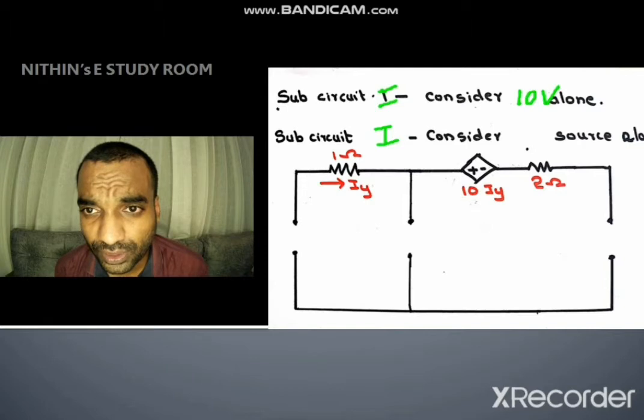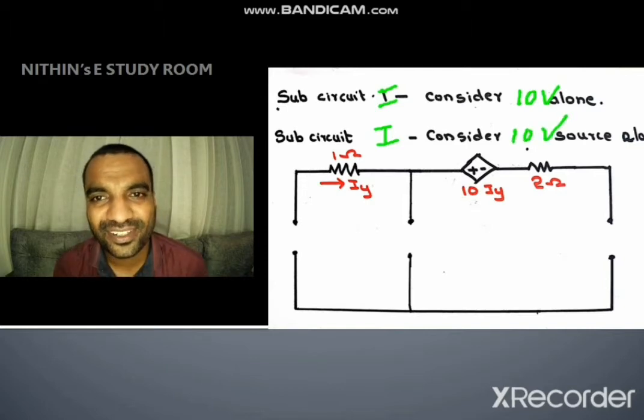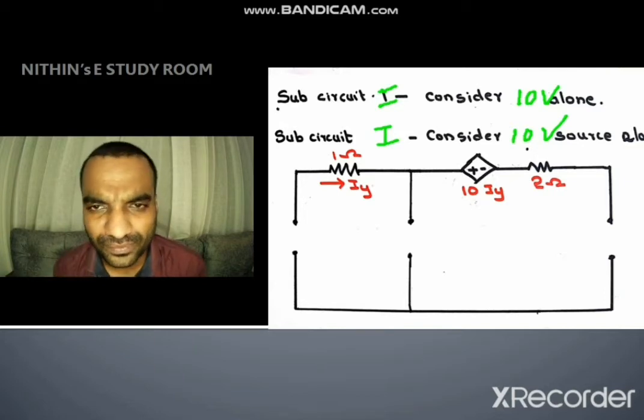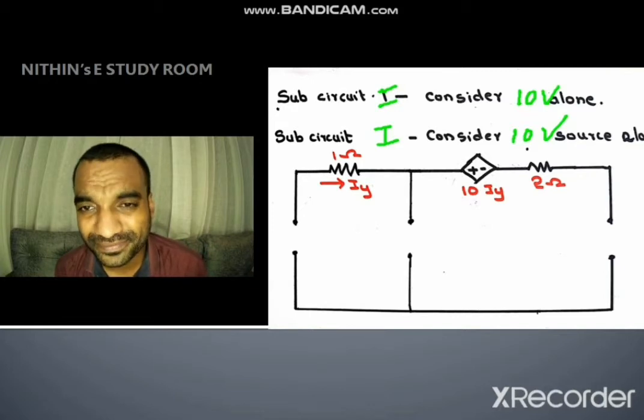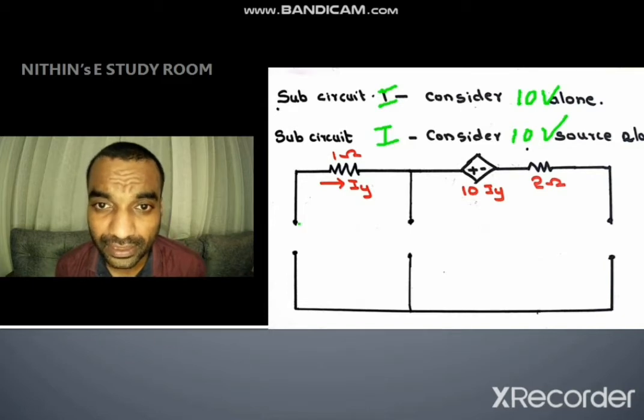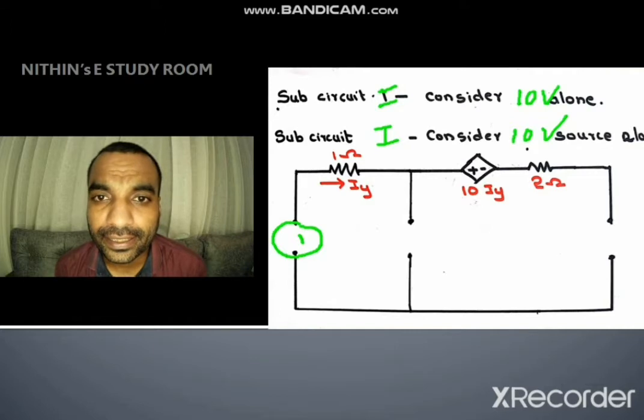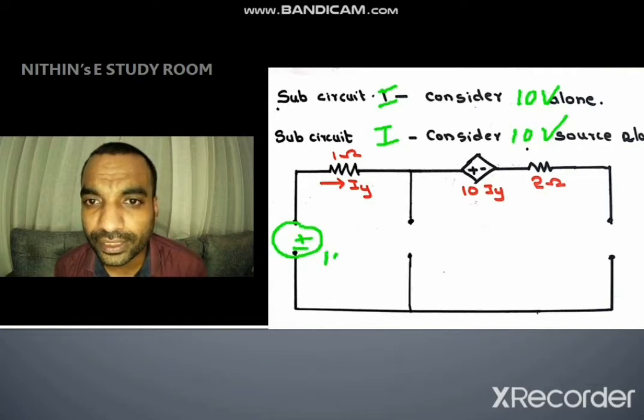You are going to consider the 10 volt source alone. Actually, it is a repetition, I have written the statement 2 times. Okay, no issues, we can ignore it. Now as it is subcircuit 1, I am considering only the first source, that is a 10 volt voltage source.